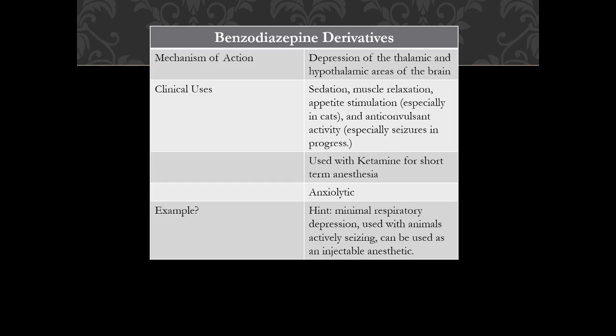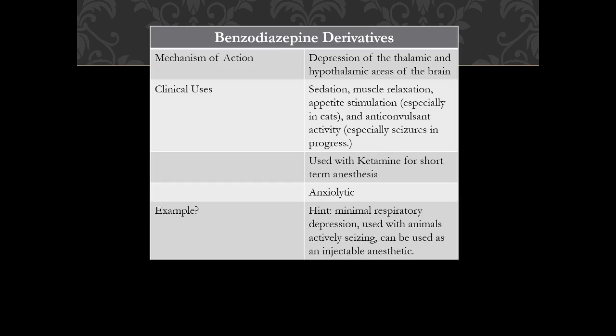So they're going to be helpful with some analgesia. Also, they're going to decrease some of the effect of stimulation of the hormones, so they're going to be anxiolytic as well. So sedation, muscle relaxation, appetite stimulation in cats, and anticonvulsant activity. We can use these with ketamine for short-term duration.